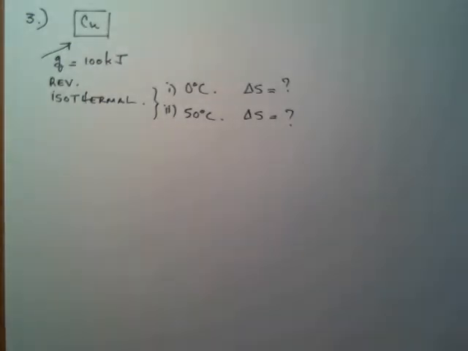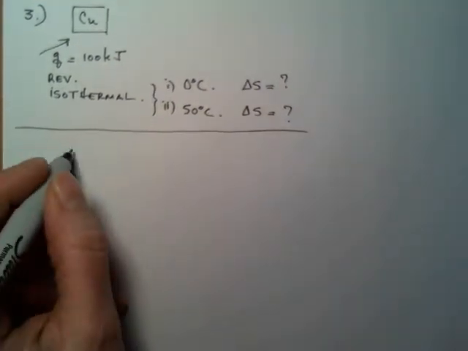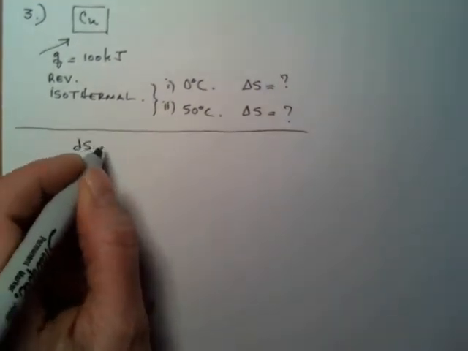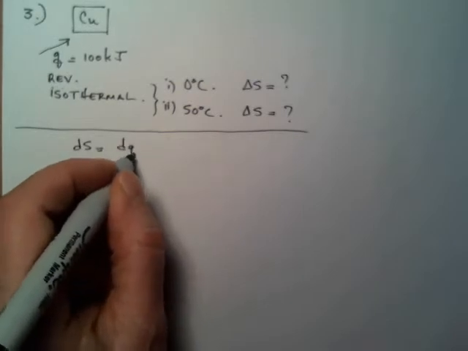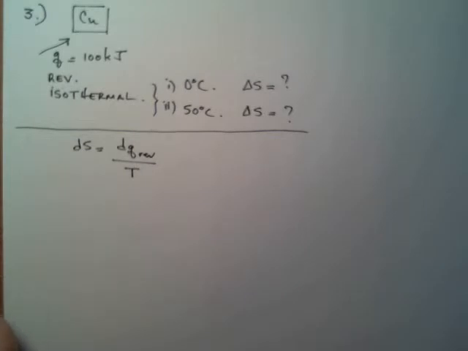Okay, so how do I determine my delta S? Well, dS is equal to dq reversible over temperature.